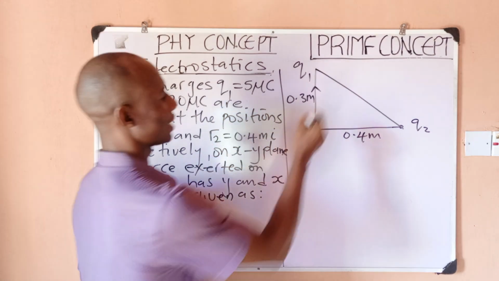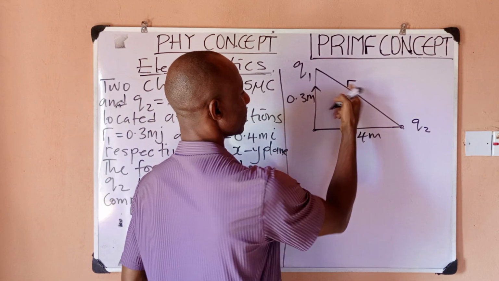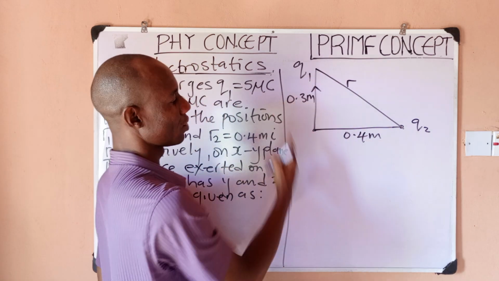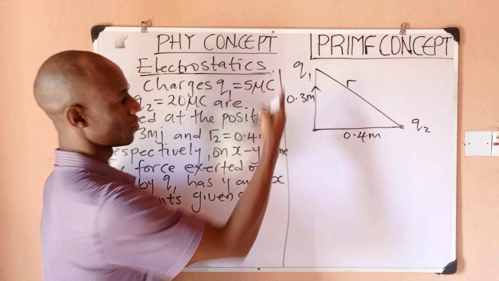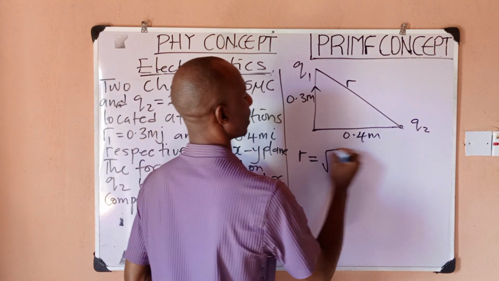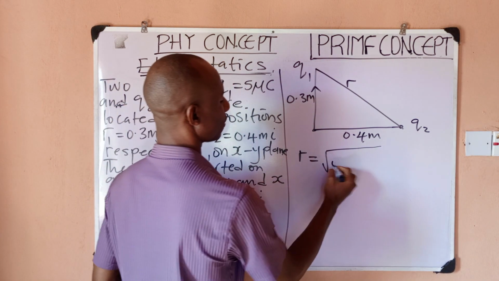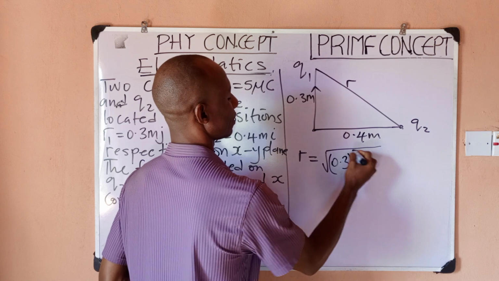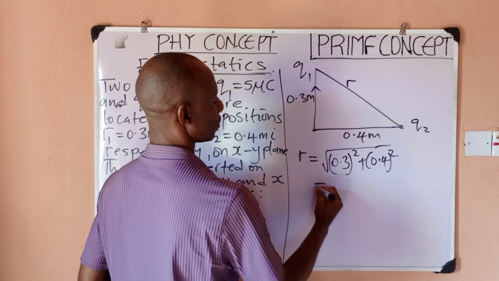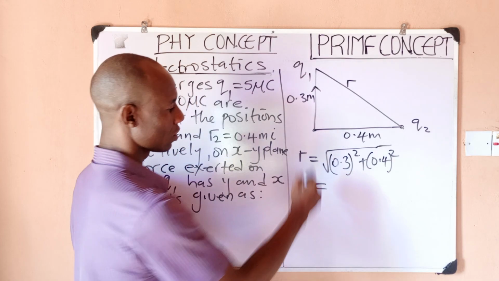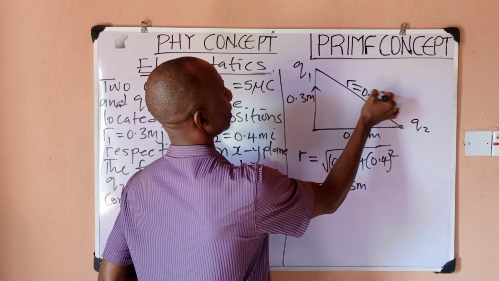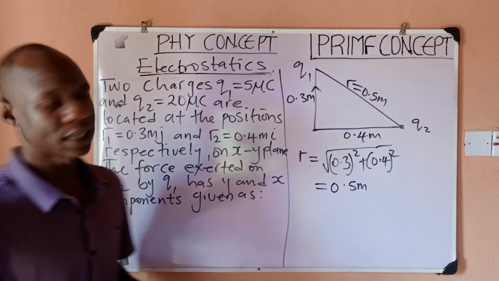The next thing we want to find is the distance R. Seeing that this is a right-angled triangle, we can use Pythagoras' theorem. So R is the square root of 0.3 squared plus 0.4 squared. If you evaluate this with your calculator, you get 0.5 meters. So our R is 0.5 meters.